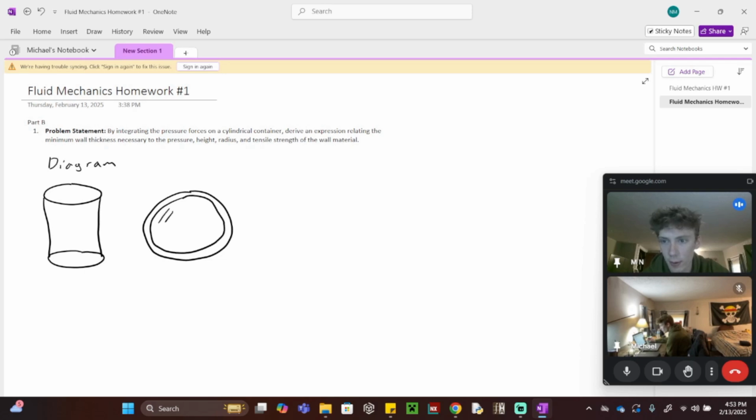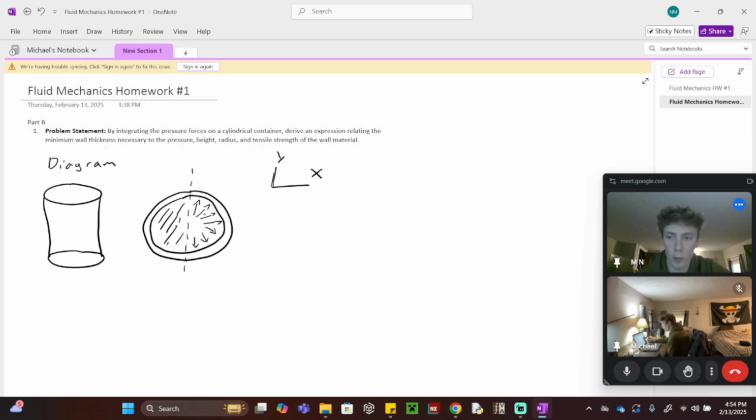So we can imagine this is filled with fluid. And I'm going to take a cut through half of our cylinder here. And the fluid will be creating pressure force onto the walls of our cylindrical container here. I'm going to label the vertical direction as our y direction, and our horizontal direction will be our x direction.